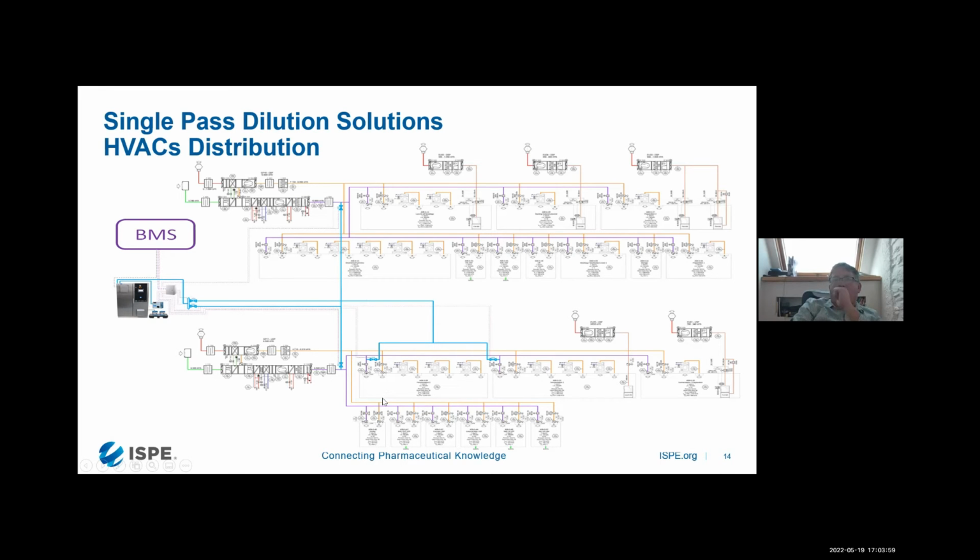So the main zone, excuse me. But for the smaller zones, they do it every week. So every batch, they decontaminate this zone. And all this is controlled by the BMS, and all the data is fed to the network system.